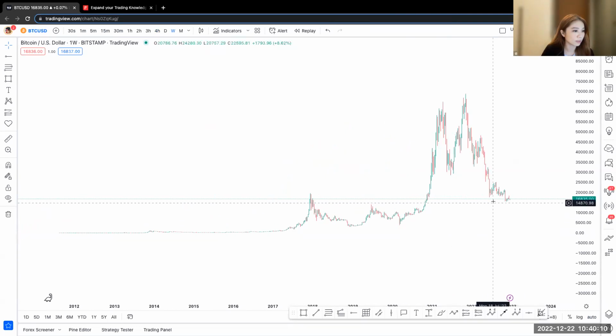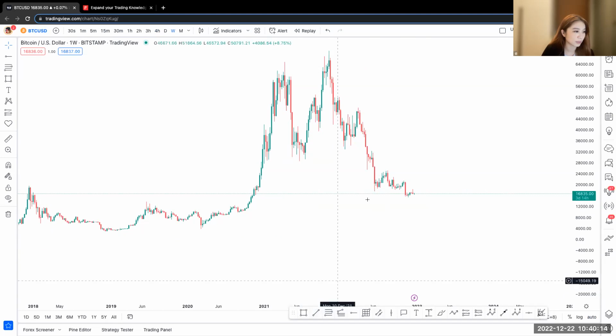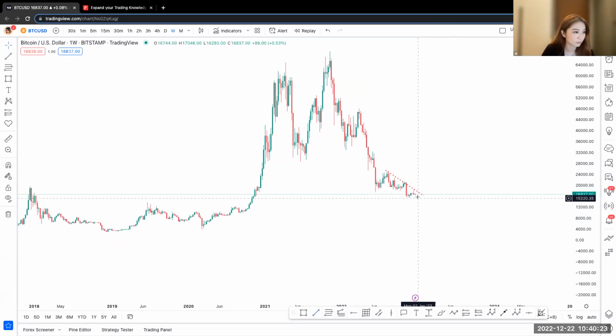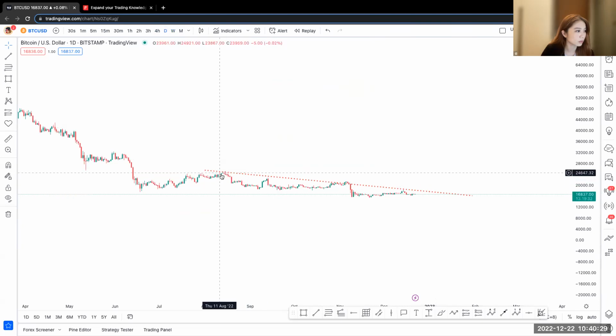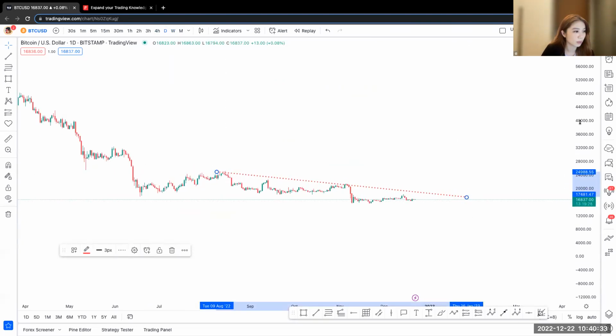Wow, the drop is insane. Okay, so let's take a look. Sorry, I should start from daily for Bitcoin because there aren't as many bars.